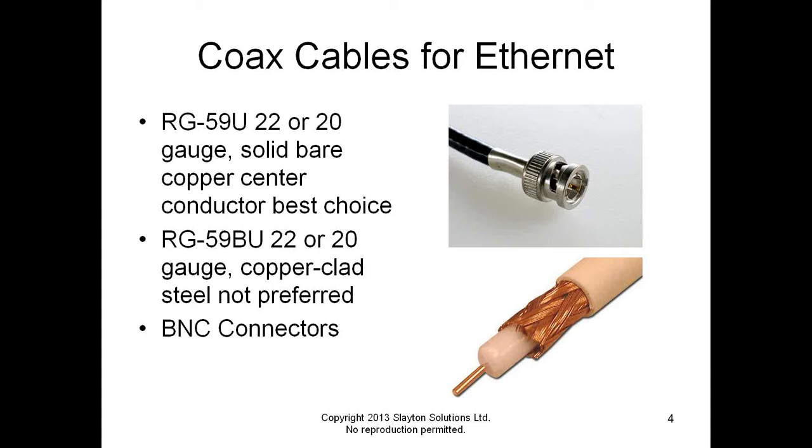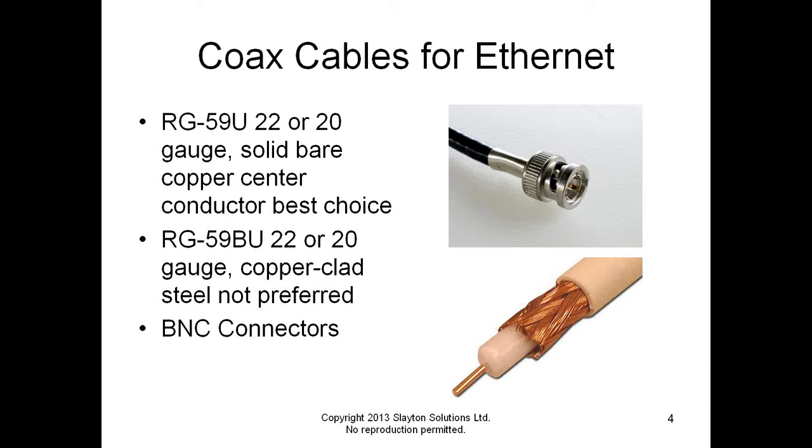If you know anything about shotguns or gauges, you know that the smaller the number, the bigger the diameter is. So a 20 gauge RG59U has a larger center conductor than the 22 gauge one does. And certainly for any purposes, a larger conductor would be better.